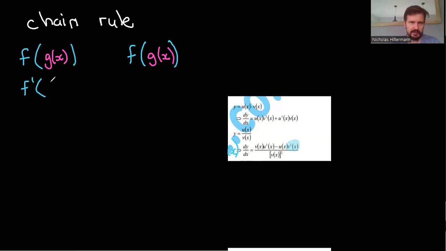The derivative of this whole thing is equal to inside: what you do is you derive the inside, g dash of x. So the formula is quite confusing. And then you times by f dash g of x.